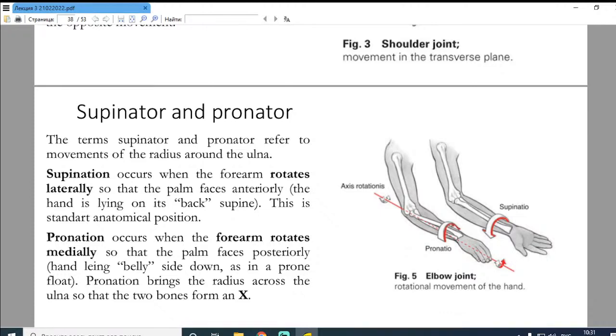Pronation occurs when the forearm rotates medially, so that the palm faces posteriorly, the hand lying belly side down, as in prone, forward. Pronation brings the radius across the ulna, so that the two bones form an X.